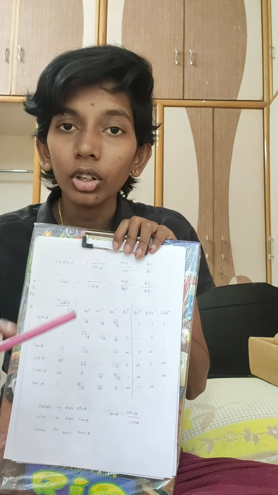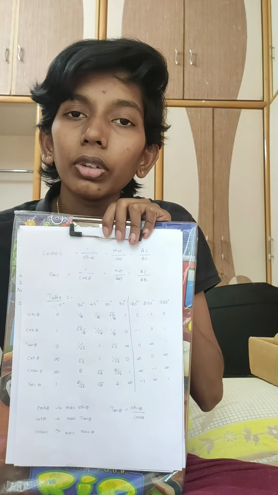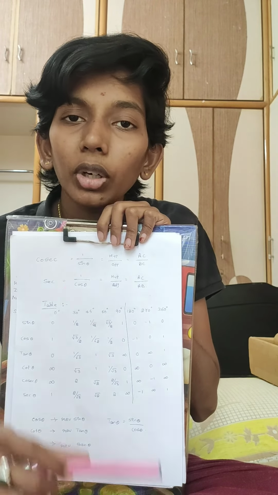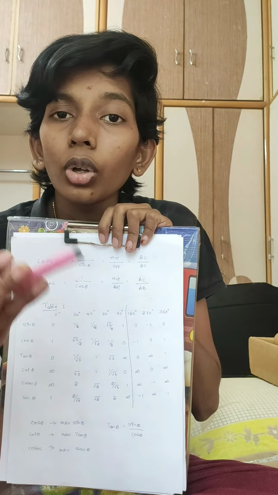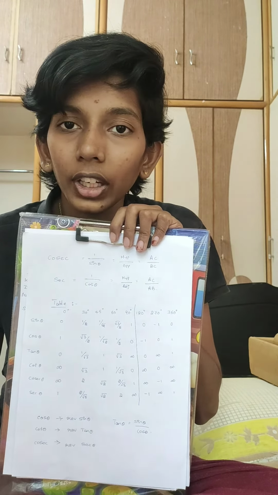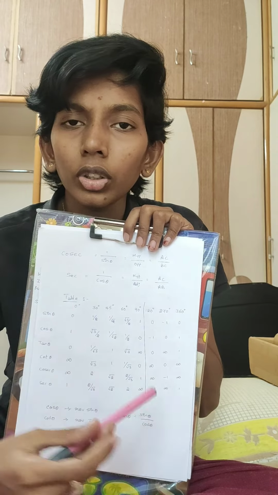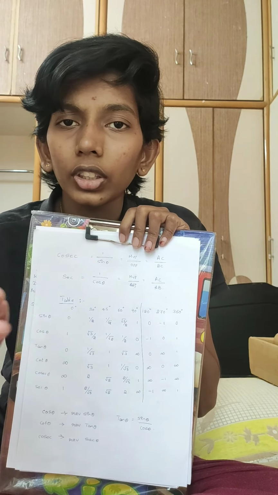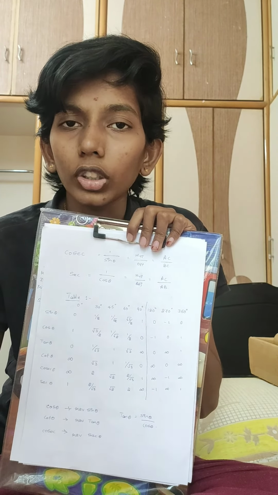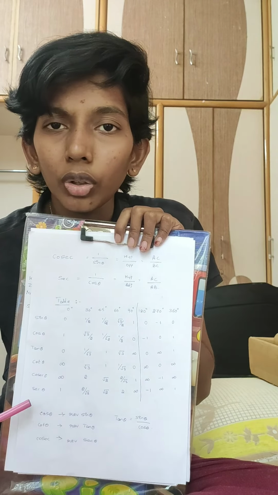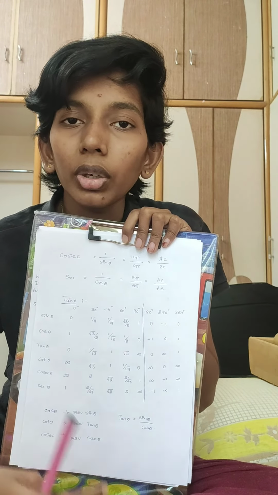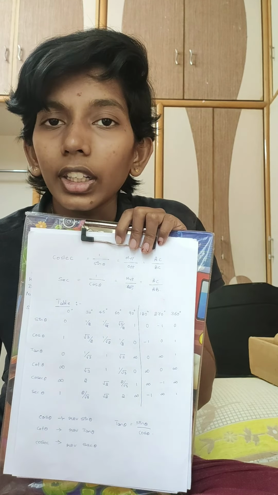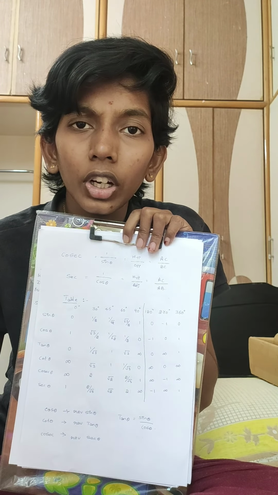Next you have here cot theta. I told you previously that cot theta is nothing but 1 by tan theta. If it is 1 by tan theta, that is cos divided by sin. Now you know the values of cos and the values of sin, you just have to make it cos by sin. This is the first way of finding cot theta. The second way of finding cot theta is to reverse the values of tan theta.